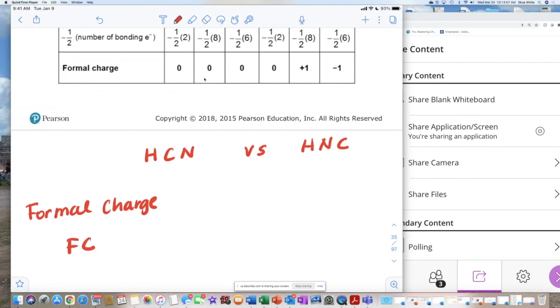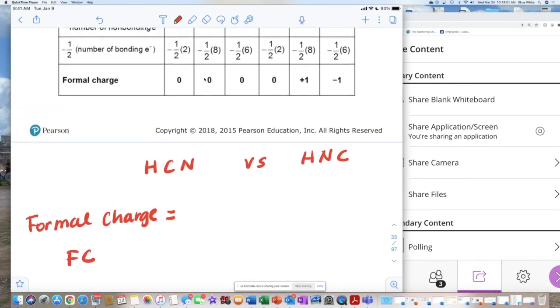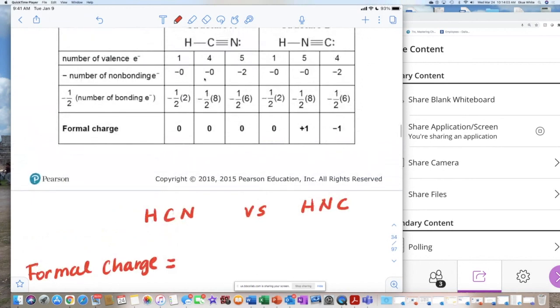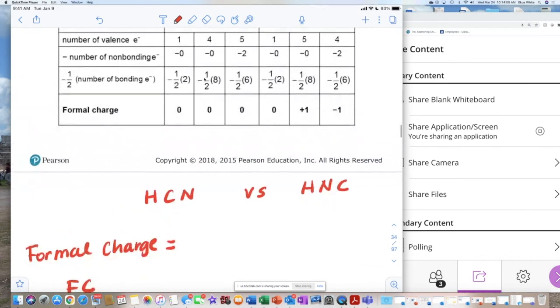So FC, formal charge, is equal to valence electrons minus lone pair electrons, and then what they have here is minus half the number of bonding electrons.